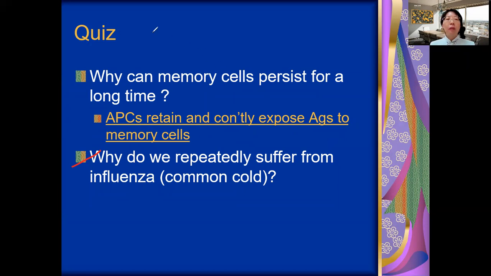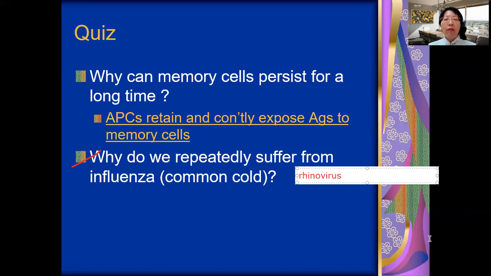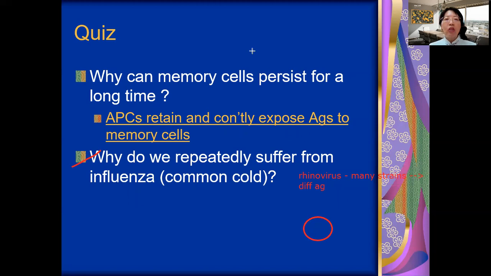Because, remember, we have done the question on rhinovirus. Rhinovirus has many different types of strains, and many different strains means each strain has a different antigen. So it can be this rhinovirus that enters your body, and the antigen is triangular in shape, for example.